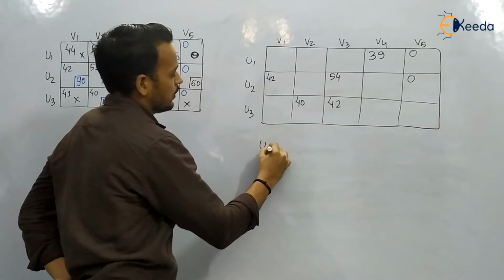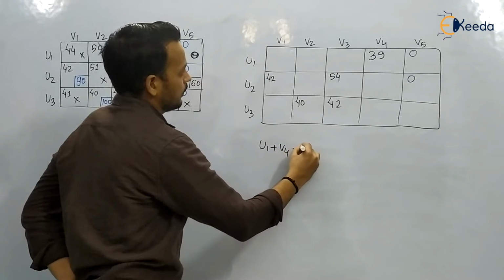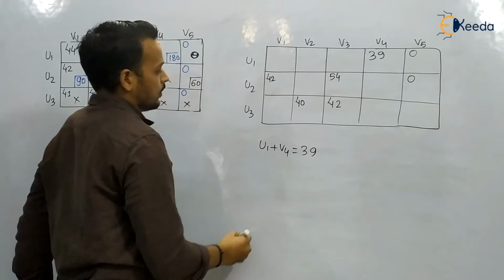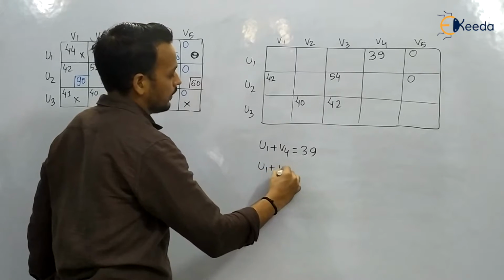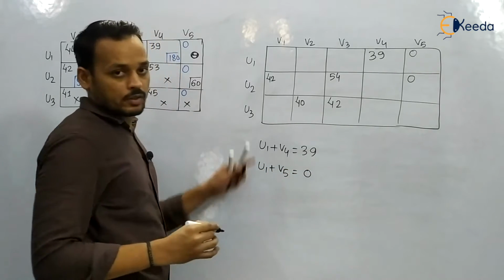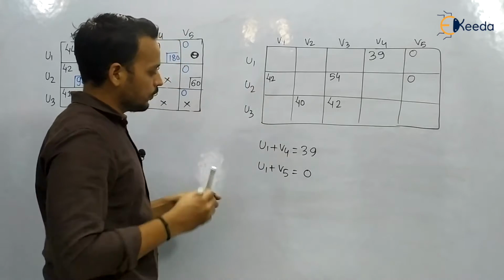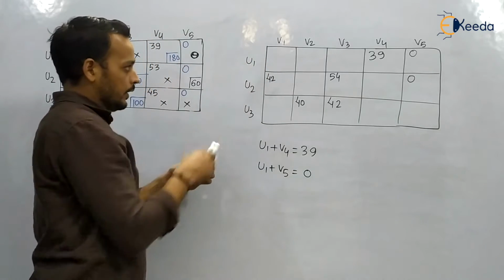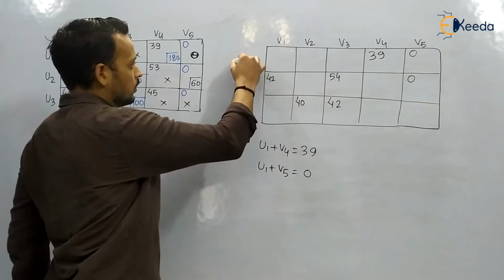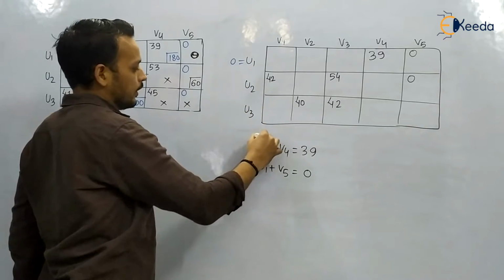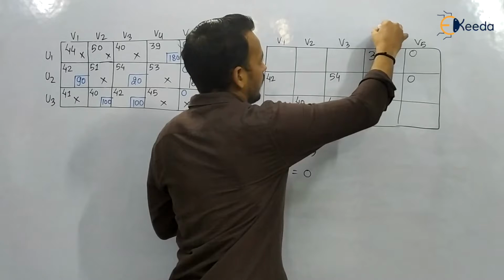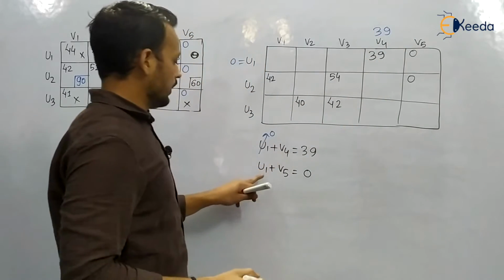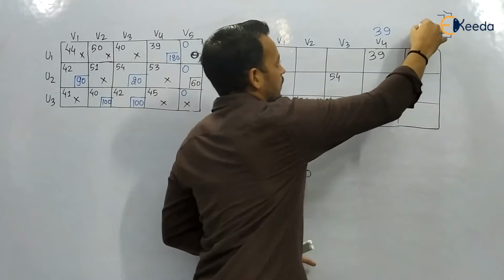The first equation is u1 plus v4 is 39. Then u1 plus v5 is 0. We will make the equations to find the value of u1, u2 and every u and v. So make u1 0; we are taking u1 as 0. Since u1 is 0, v4 is going to be 39. Since u1 is 0, v5 is also going to be 0.